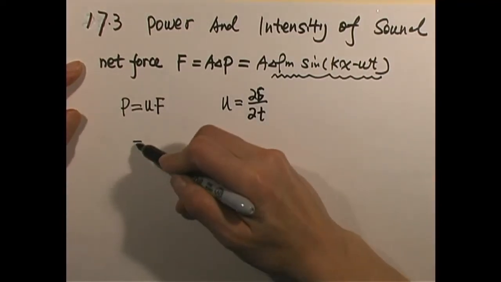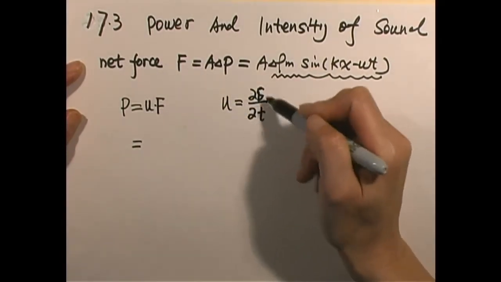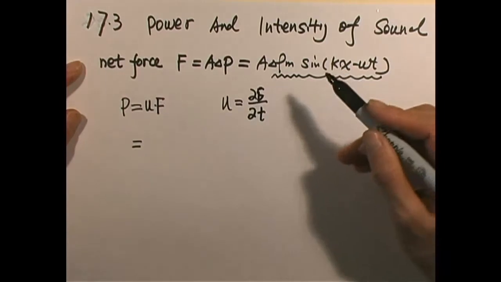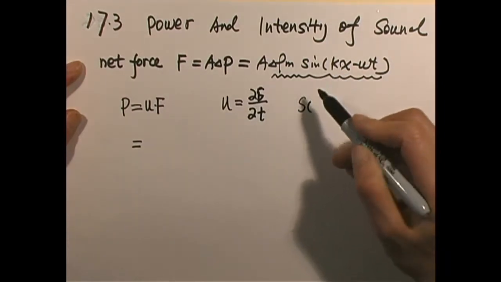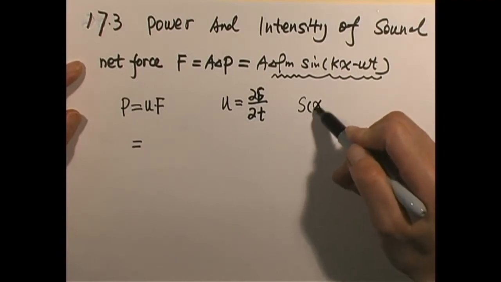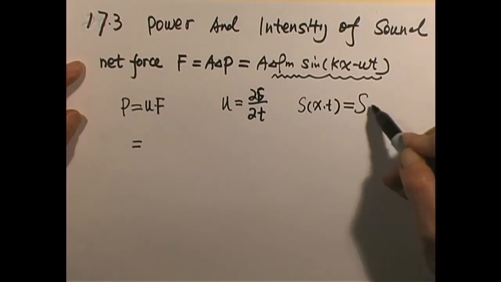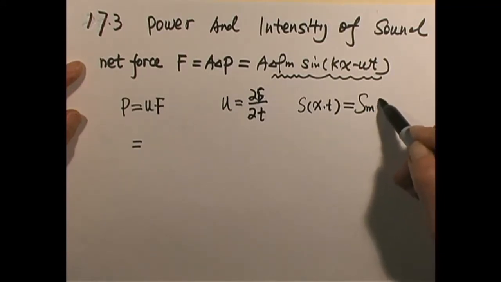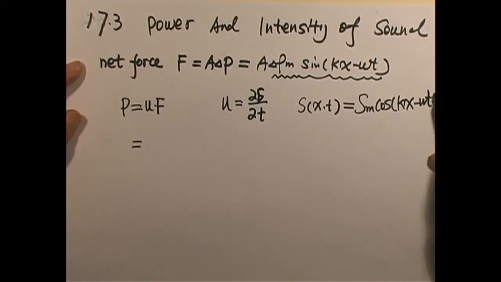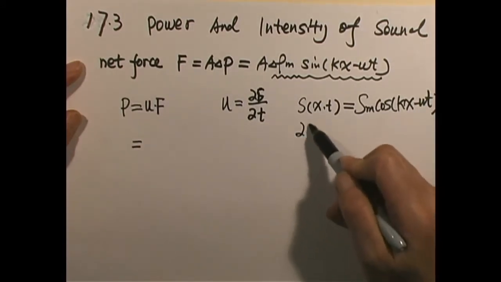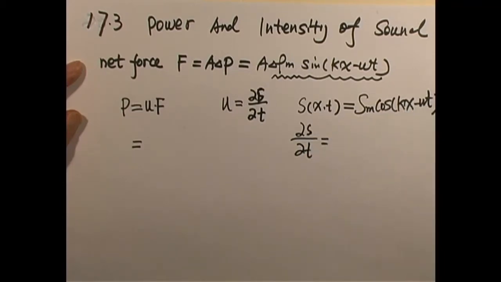If we replace the net force F, and also work out this partial s over partial t, remember s, the displacement, is a function of x and t. Originally we have s equals s_m cosine(kx minus omega t). So if we do partial s over partial t, we assume that x is a constant.